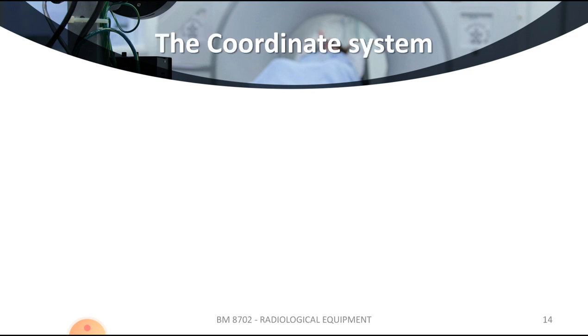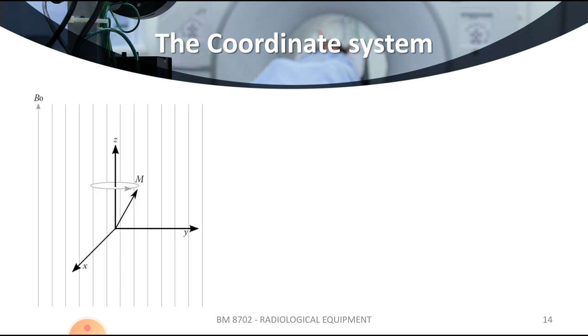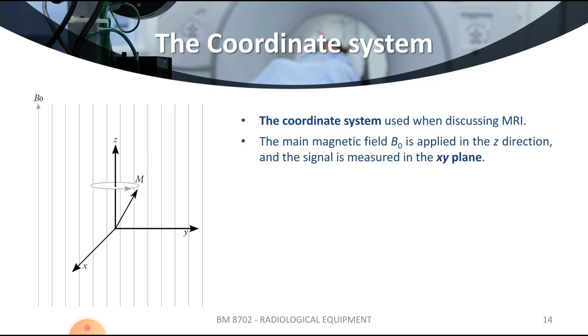Next thing which is very important is the coordinate system. You can see the net magnetization which is B naught, and you have three axes X, Y, Z, and there is another rotational field which is M. So this is the coordinate system used in MRI. The main magnetic field is applied in the Z direction and the signal is measured in the XY plane.